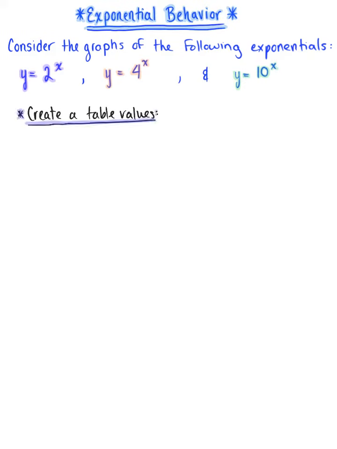For each table of values, I'm going to use the same x values. Let's go with x equals -1, 0, and 1. The first function we are considering is y equals 2 to the x, and then we'll have our column for the ordered pairs x, y.